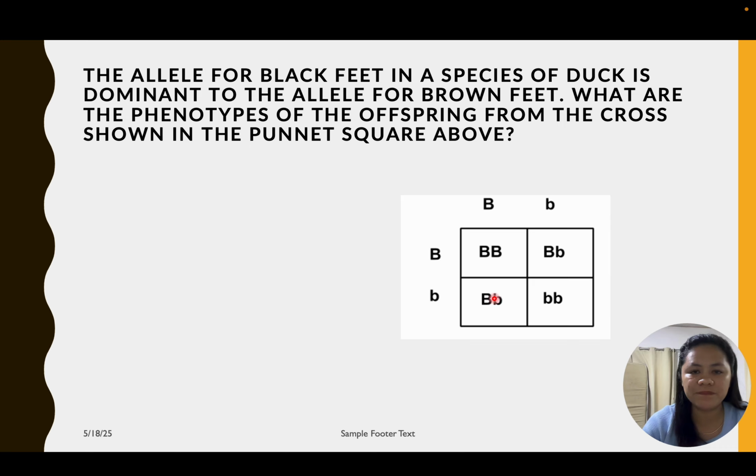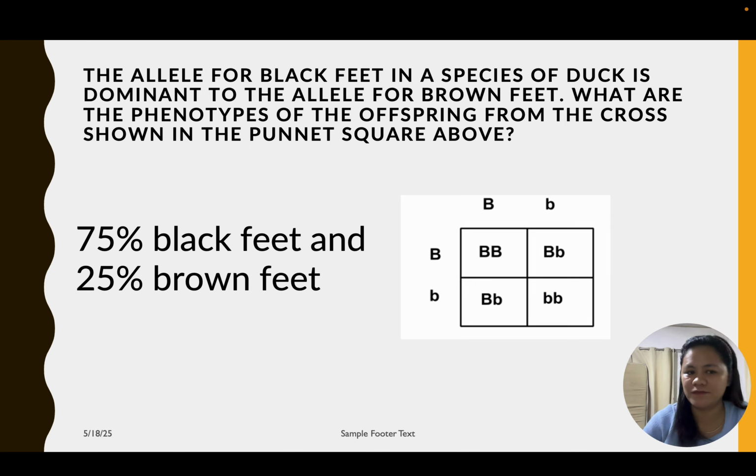So, since these two right here will still show the dominant trait, this will be 75 over 25. Okay, 75% black feet and 25% brown feet.